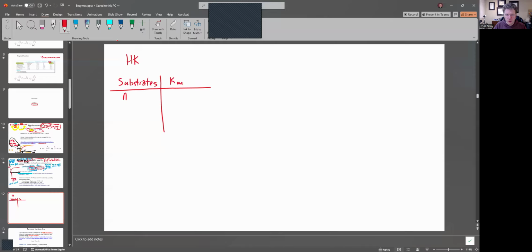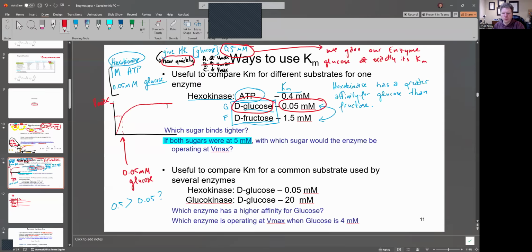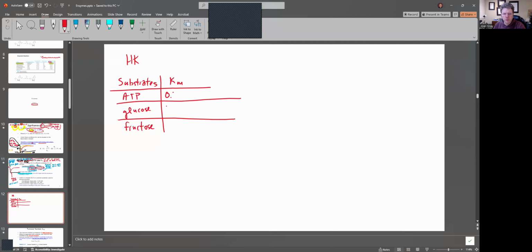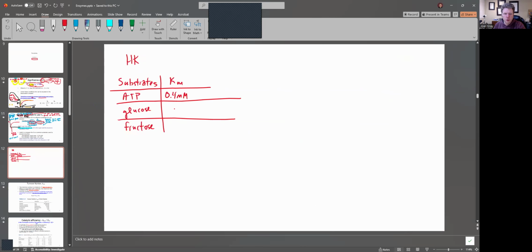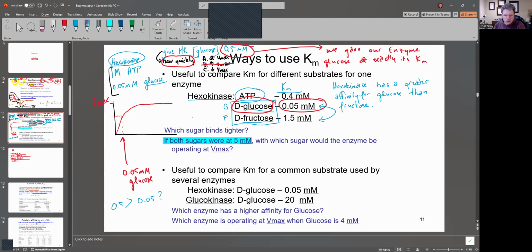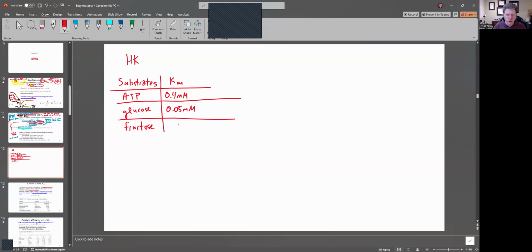Hexokinase has three substrates: ATP, glucose, and fructose. The Kms would be 0.4 millimolar, 0.05 millimolar, and 1.5 millimolar.